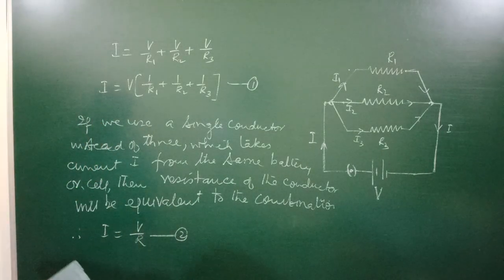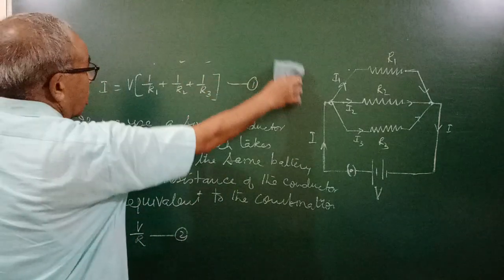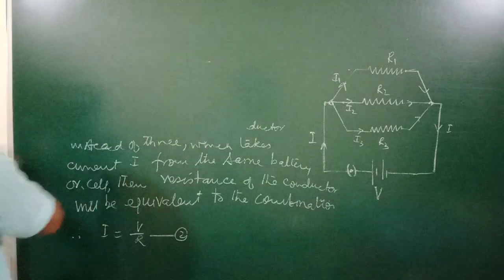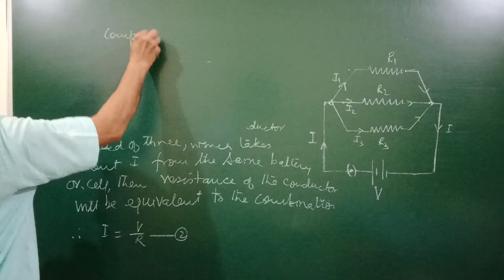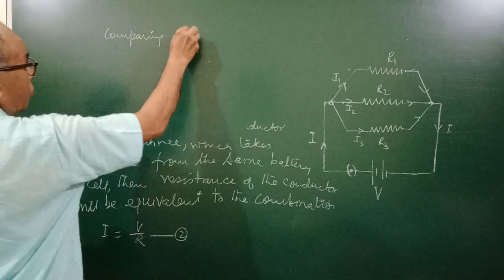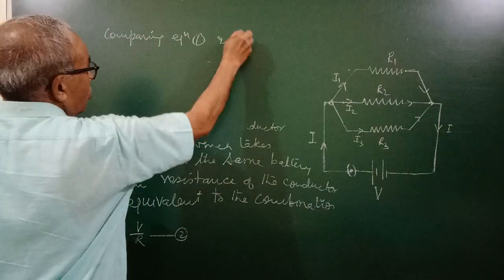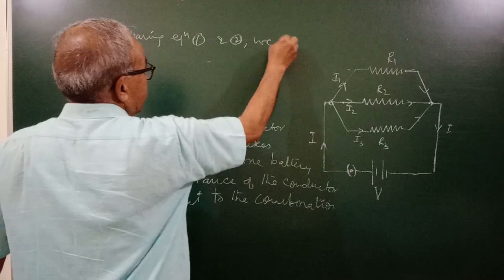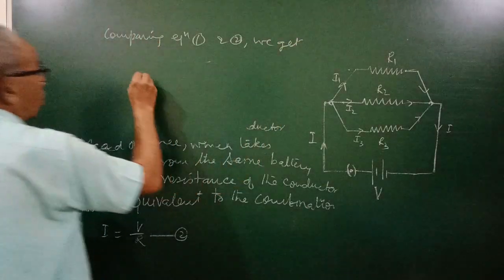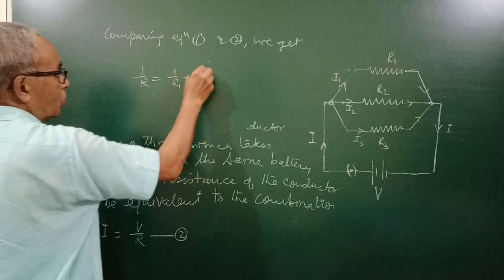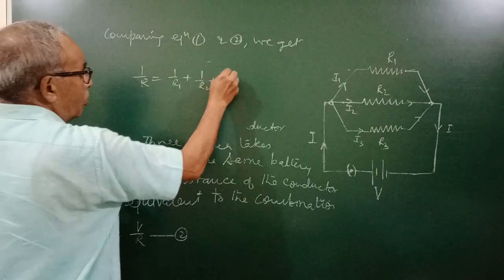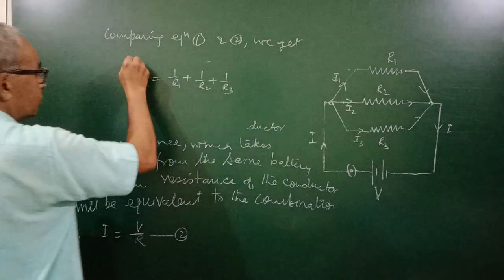Comparing equation 1 and 2, we get 1 upon R equal to 1 upon R1 plus 1 upon R2 plus 1 upon R3.